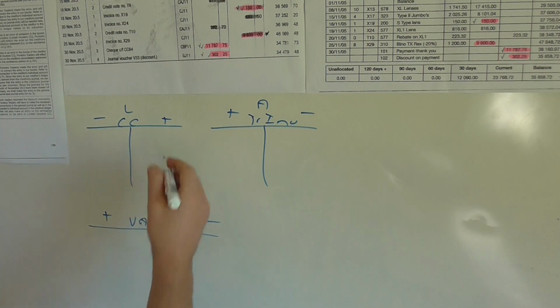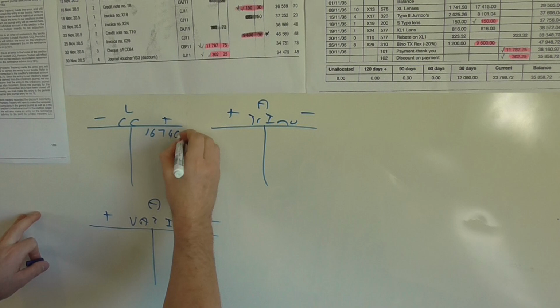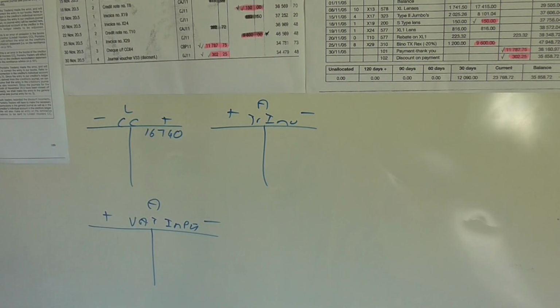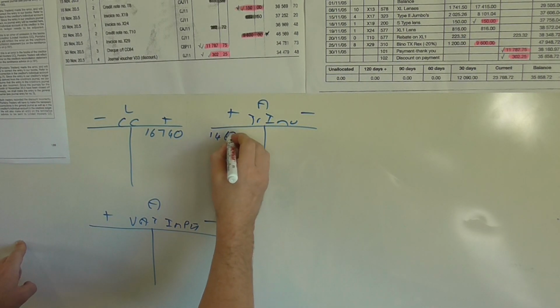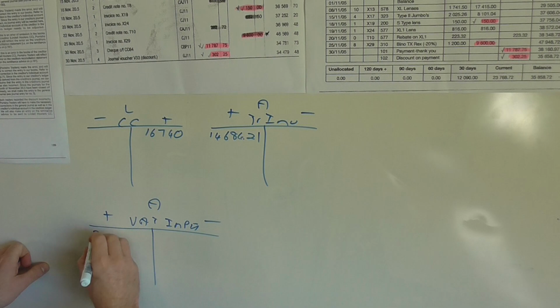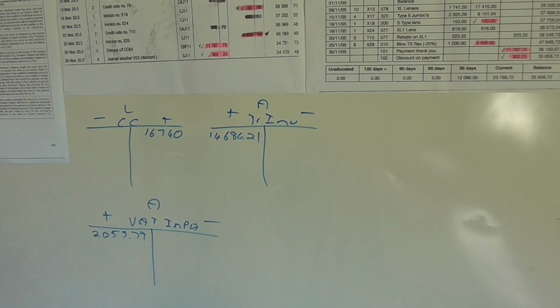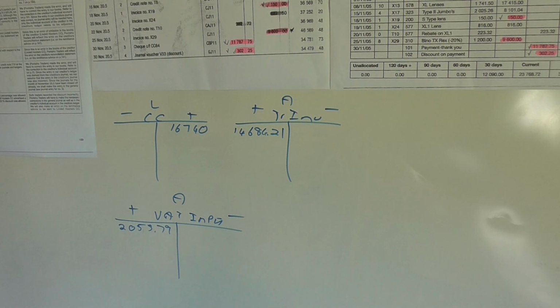So our creditors increased with 16740, our trading inventory increased by 14,684.21, and our VAT input increased by 2055.79.